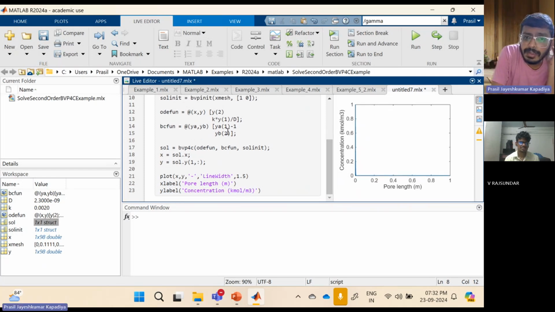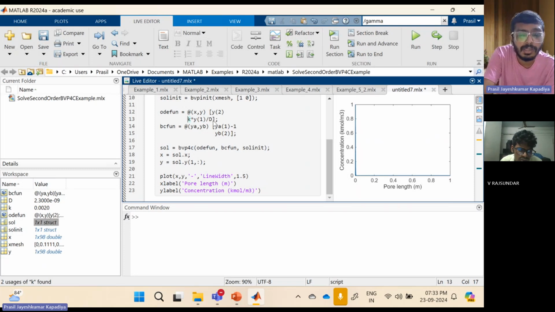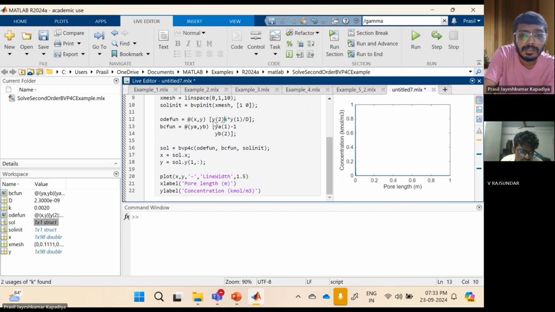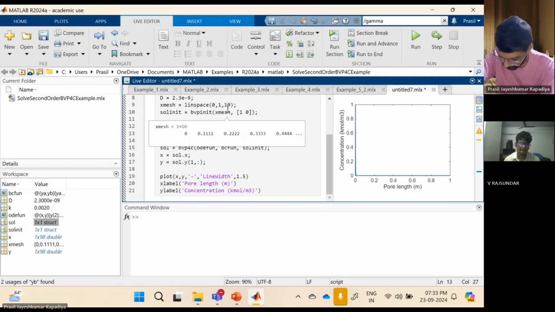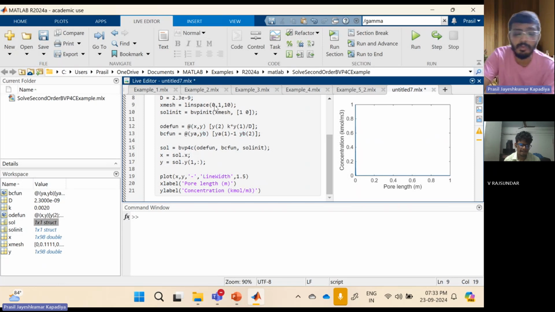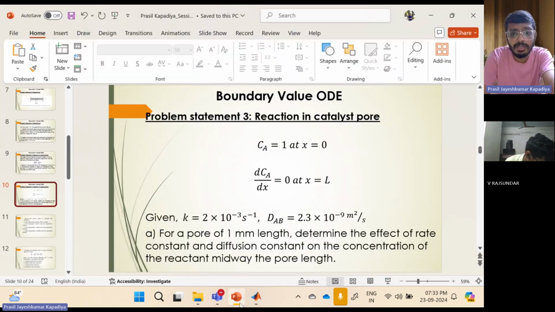My boundary condition is ya of 1 minus 1, correct? And my second boundary condition is yb of 2. Let me write down here. Zero to 1. Yeah, okay. The issue is here. We need to give from 1 to 0 because my first boundary is x is equal to 1 and second boundary is x is equal to 0.